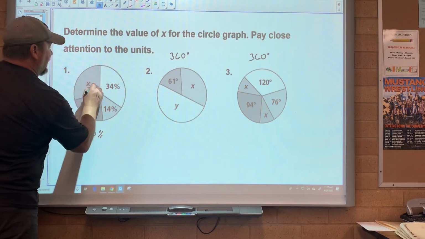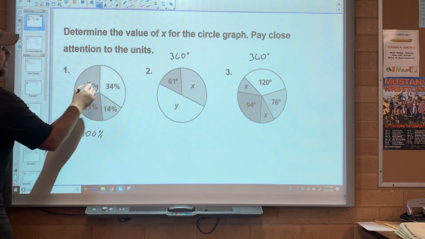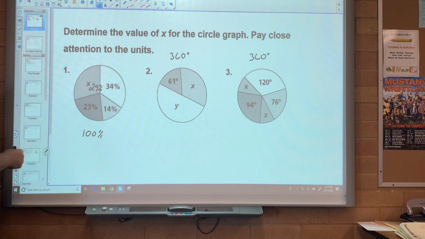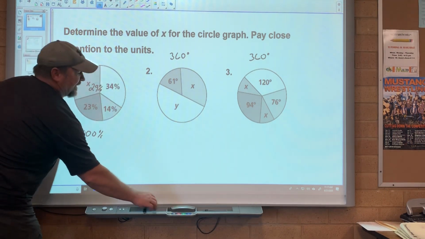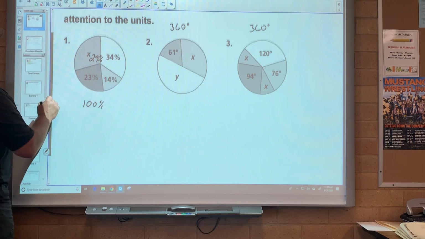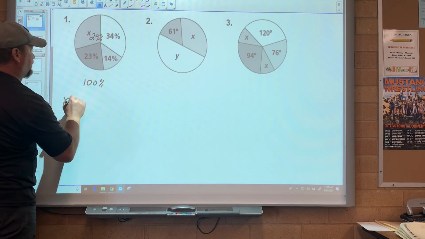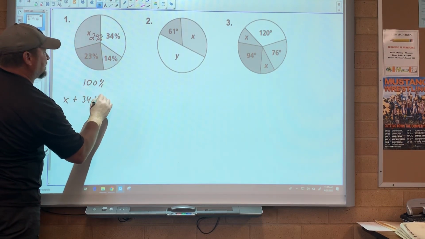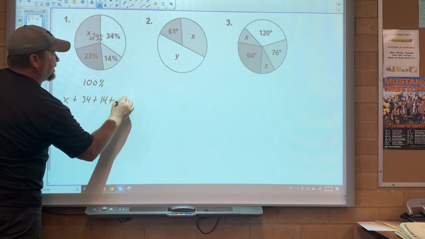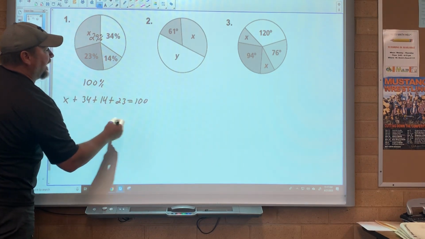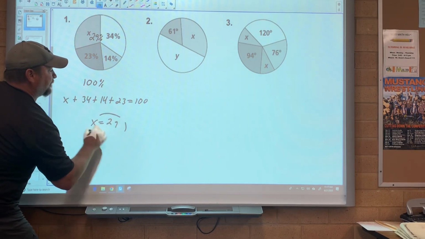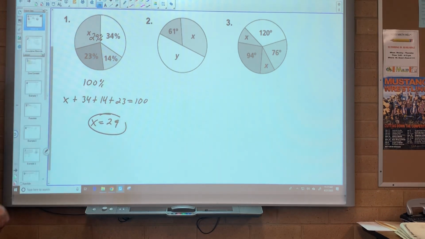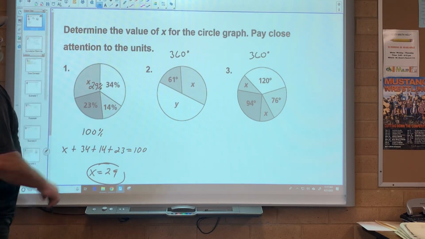So 29 would be what I came up with, percent, because the total has to add up to 100. How would I set up this problem? x plus 34 plus 14 plus 23 equals 100. I subtracted those all, and I got x equals 29. Okay? Let's go on to the next one.